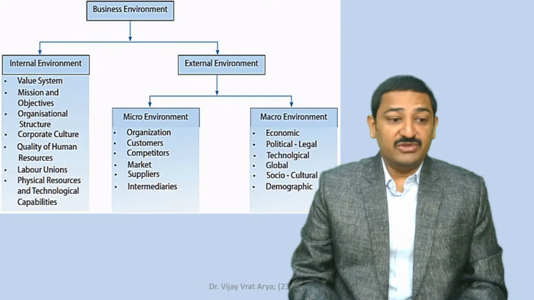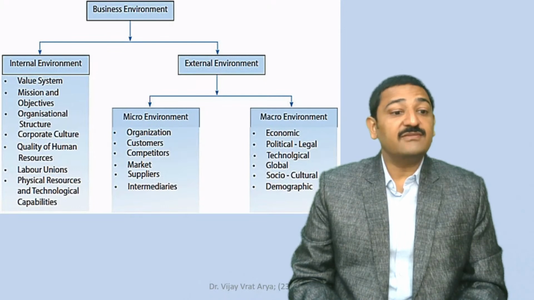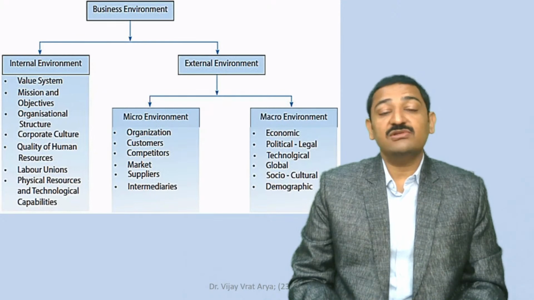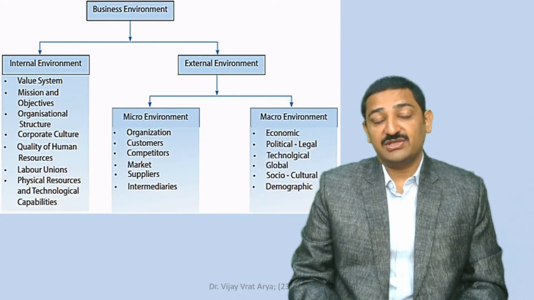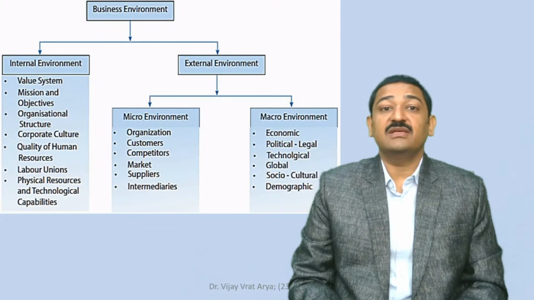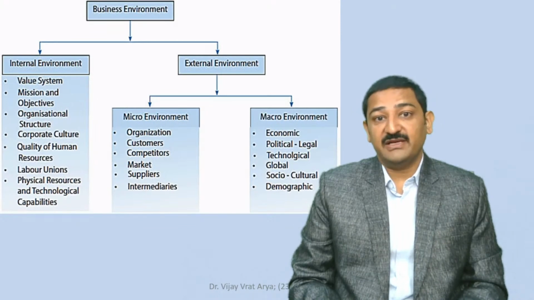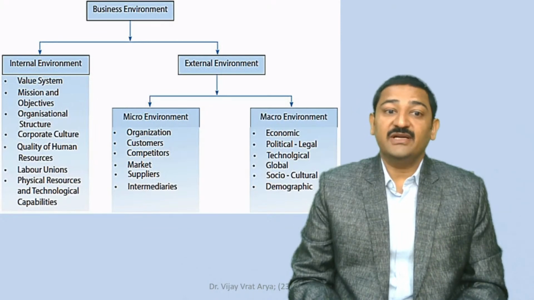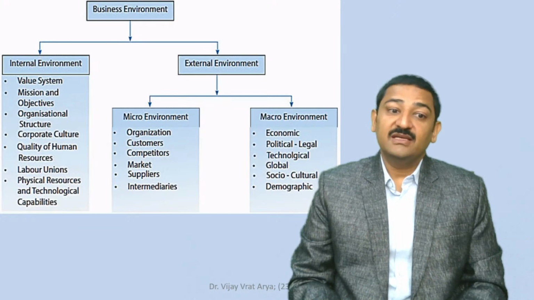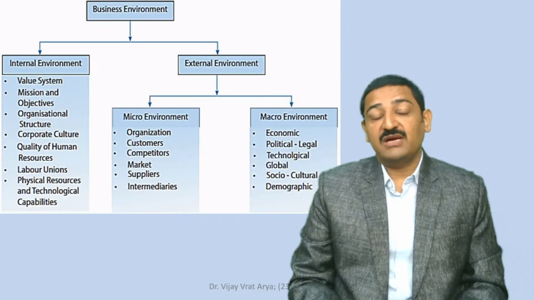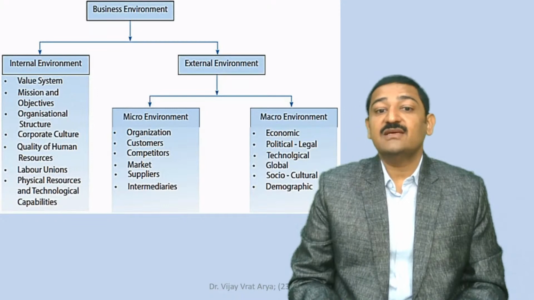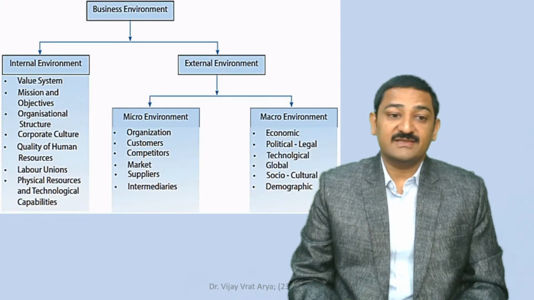Apart from that, labor unions within the organization and within the industry, as well as physical resources and technological capabilities of the organization, also come under the internal environment related factors. But the external environment has micro environment related factors as well as macro environment related factors.